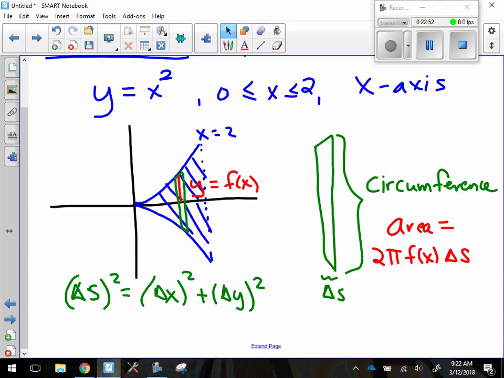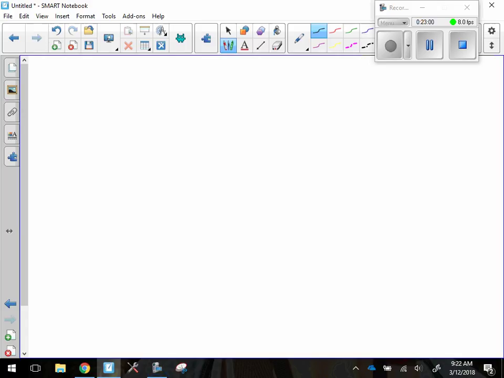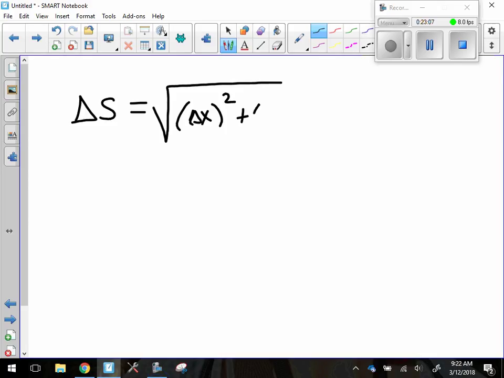Okay, so that leads us back to this. So I'm going to write that again, except that this time I'm going to write it as delta s is the square root of delta x squared plus delta y squared. Because delta s is what I ultimately want anyway.